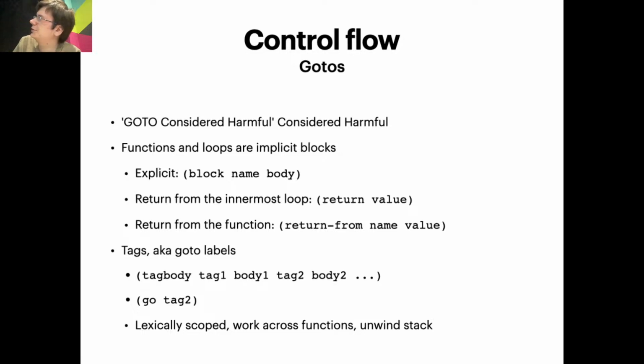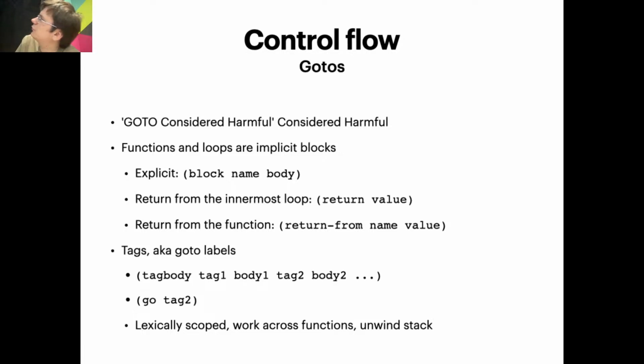So in this case, we can have blocks and tags. Functions and loops are implicit blocks of our control flow. They're implicit blocks, but we can specify parts of our forms as explicit control blocks.